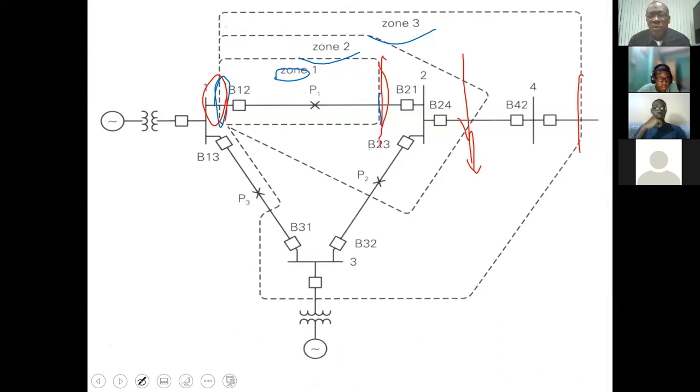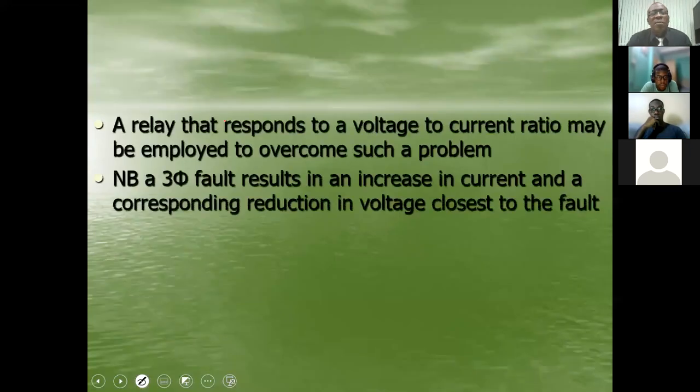And then up to zone 2, we say 120%. Then for zone 3, it's 100 plus 120%, 150% of the adjacent line. So in other words, we cast our net and we start taking care of the community. All right? So we start by looking at the neighbors. Well, first of all, we're concerned about our own yard. Then we have our immediate neighbor, and then we start looking at the community. All right? But again, we'll come back to all of that.